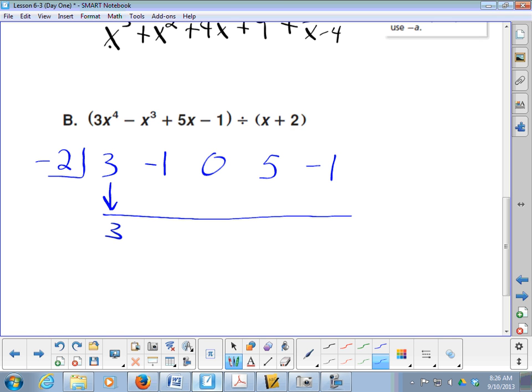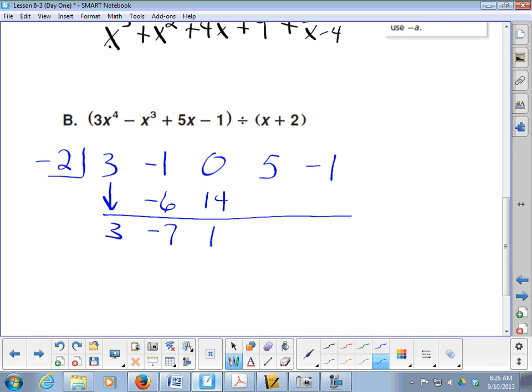Then we multiply. -2 times 3 is? -6. Now, the only difference from the long division is we're not subtracting, we're just combining them. So -1 plus -6 is -7. Then we multiply again. -2 times -7 is 14.